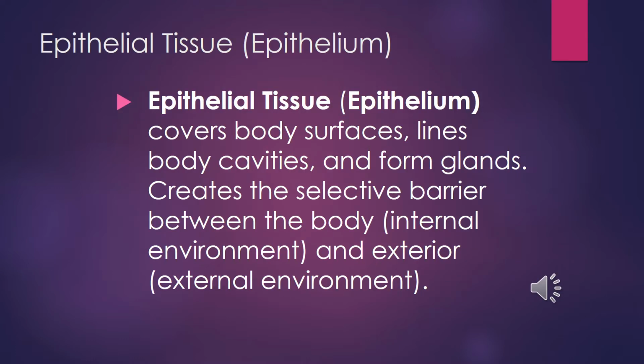Epithelial tissue covers body surfaces, lines body cavities, and forms glands. And always epithelia rest on a basal membrane. This is the first characteristic. Second characteristic, epithelium does not include blood vessels.